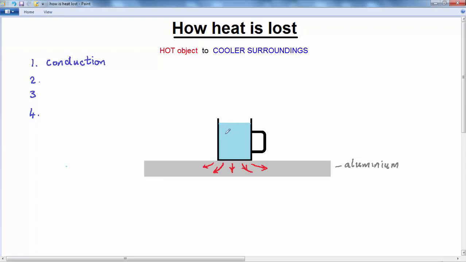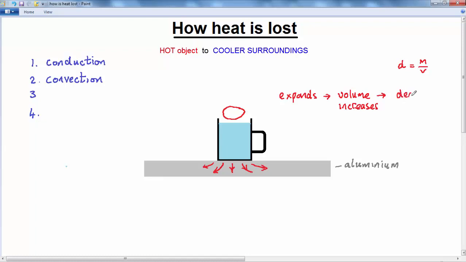The second way, again, will be through convection. The hot mug and hot tea warm up the air immediately above it. So you've got warm air here, right? The warm air expands. Its volume increases, and assuming that the mass of air is the same, remembering that density is equal to mass over volume, because its mass remains constant but its volume increases, that means its density falls.